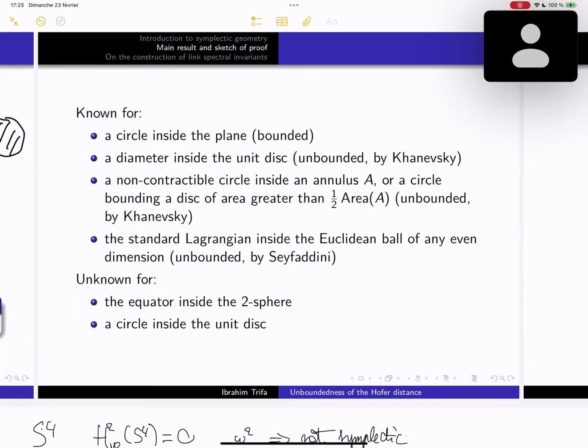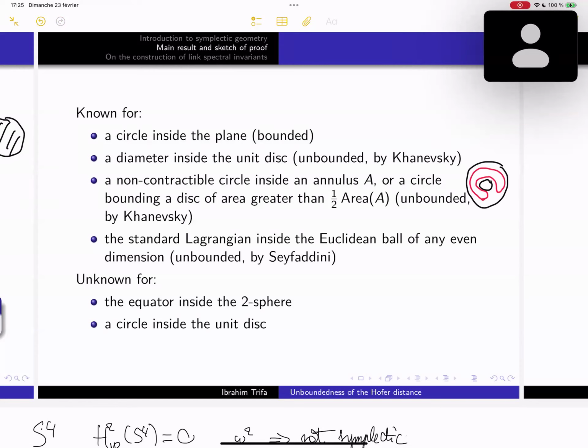He also showed that the distance is unbounded when the symplectic manifold is an annulus and the Lagrangian a non-contractible circle inside the annulus, or when the Lagrangian is a circle bounding a disk of area more than half the area of the annulus.